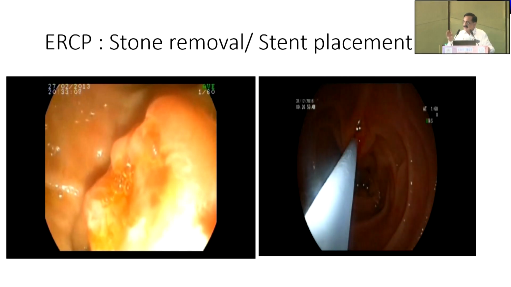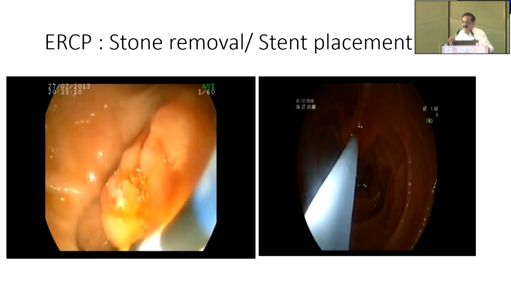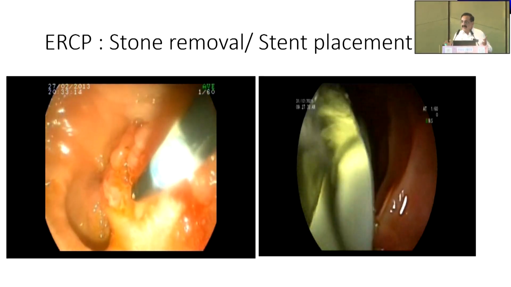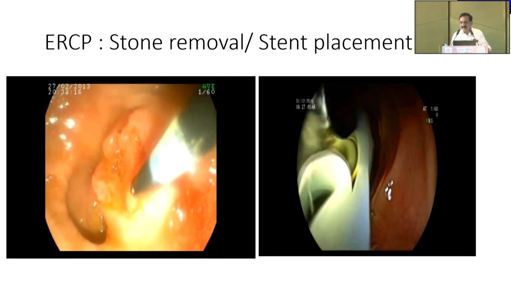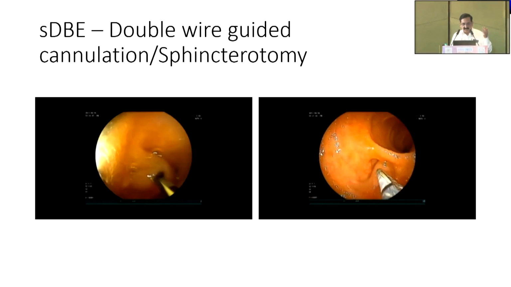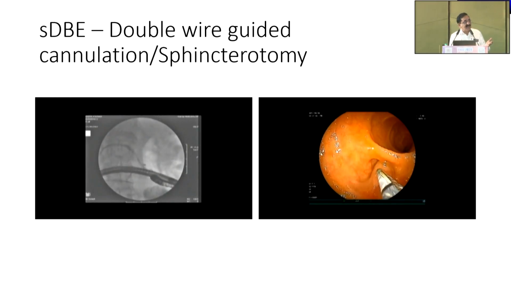Here the guide wire does not always come in the direction when you are coming out, and hence the cap helps in making sure that your position is taken care of. I won't go into the details because I have lots of such videos to give you an idea, but you can now do sphincterotomy. You can use double guide wire cannulation techniques as you use in a standard endoscope.